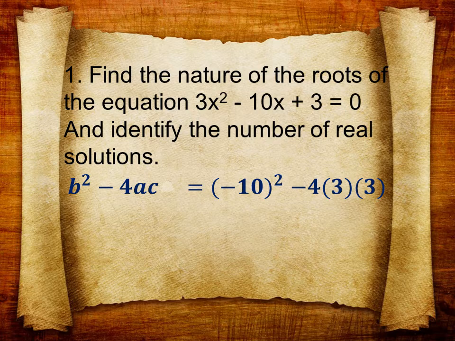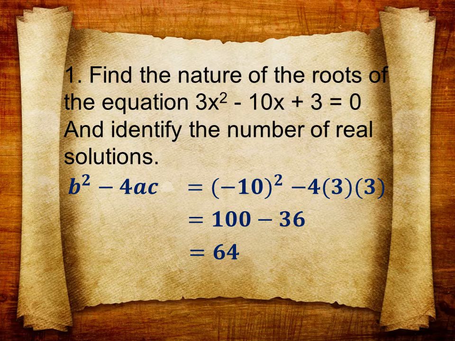You will not change that. It is always minus 4. Then simplify further. Negative 10 squared is 100, minus 4 times 3 times 3 is 36. So 100 minus 36 is simply 64.